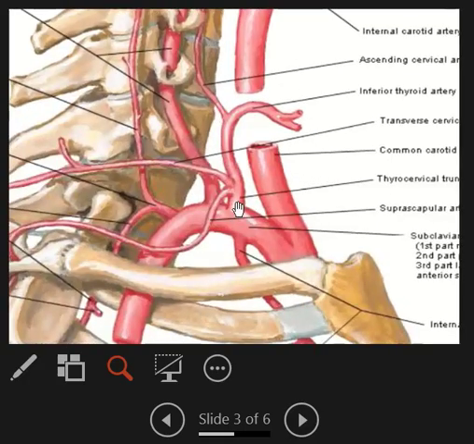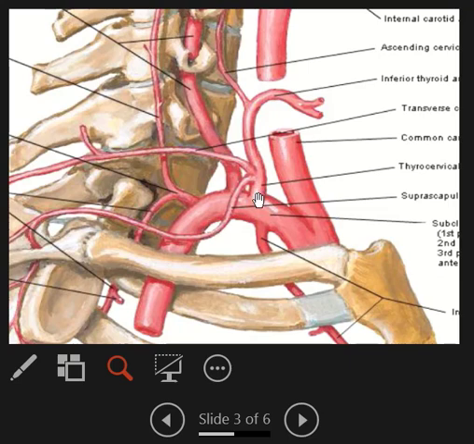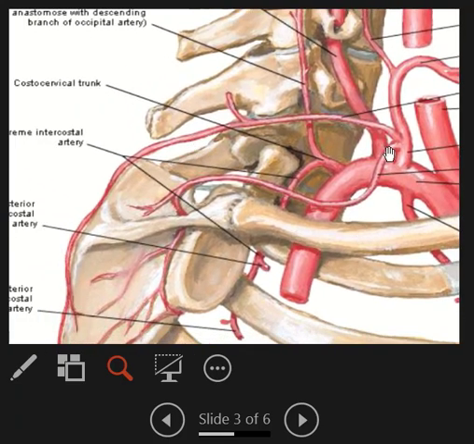Thyrocervical trunk. This branch is split into 3 arteries. First, the inferior thyroid artery goes to the thyroid gland. Inferior thyroid artery. This is the transverse cervical artery. And the last branch is the suprascapular artery.